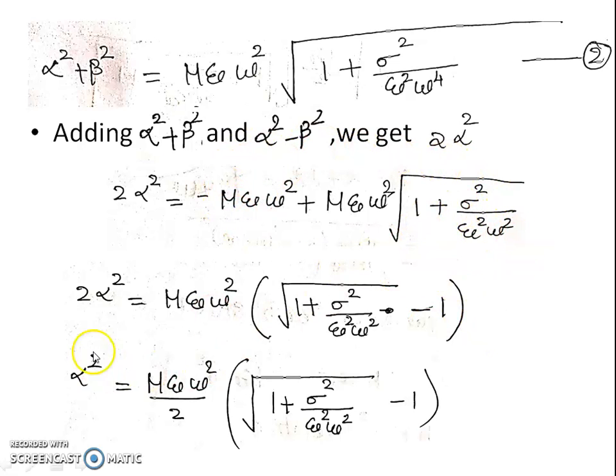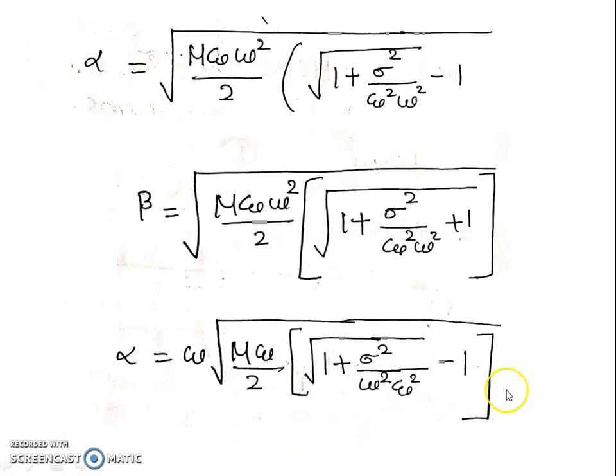So we can get the value of alpha square from this equation, that is alpha square is equal to mu epsilon omega square divided by 2 into root of 1 plus sigma square divided by epsilon square omega square minus 1.